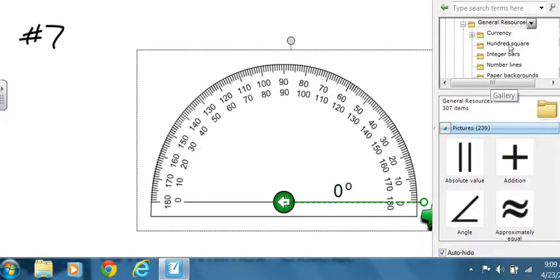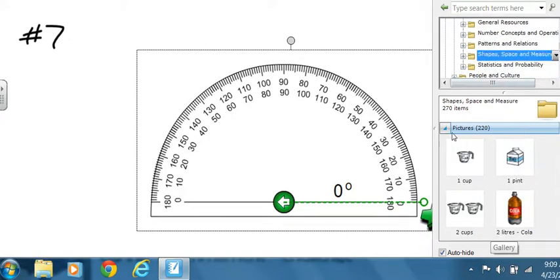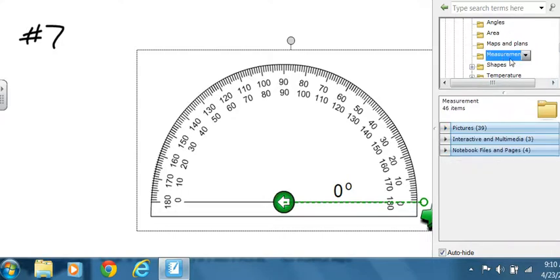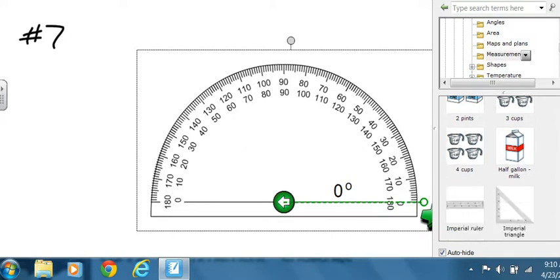Integers, number bars, currency. No, I don't want currency. Symbols, tools, space and measures. There we go. Space and measures. Areas, angles, maps, shapes, measurements. All right, well, not exactly what I was looking for.